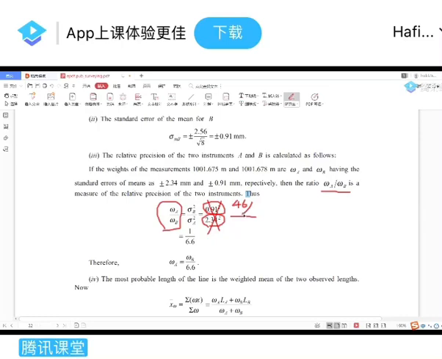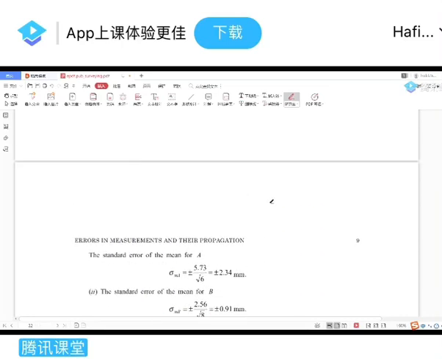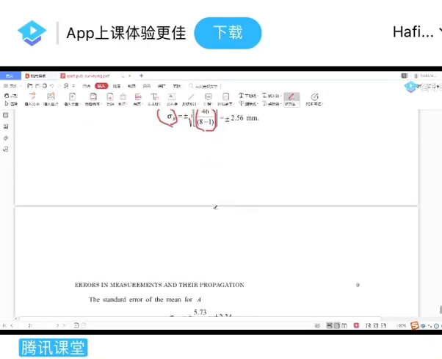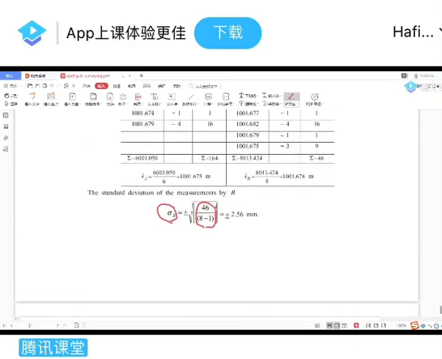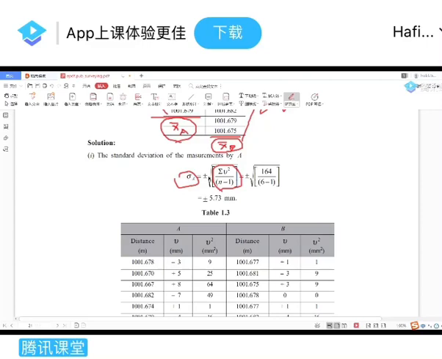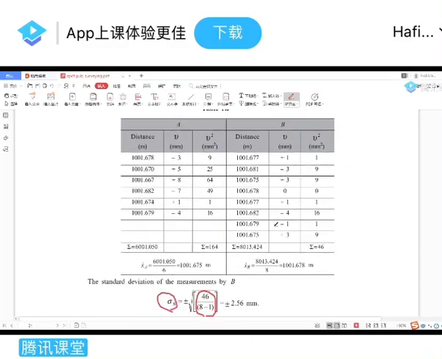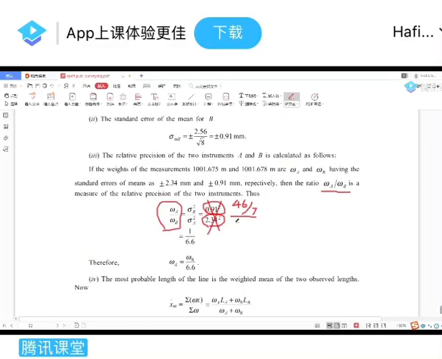So divide by 7, I guess. Is it 7? Yes, 7. And then you also have sigma A. Sigma A is over here. So sigma A is 164 divided by 5. I mean the square. 164.